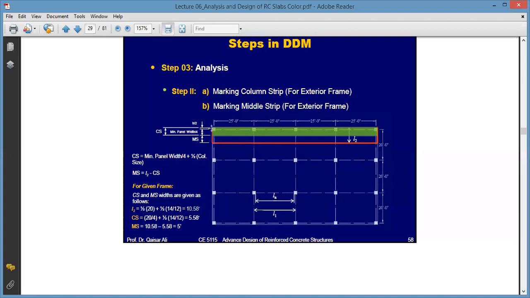So the total frame width for the exterior panel is 10.58. Out of this, how much will be the column strip and middle strip? The column strip is equal to 20 by 4 plus half of the column width, equal to 5.58. The remaining middle strip will be the remaining part. So total frame width 10.58 minus 5.58 for the column strip; the remaining is 5 feet.